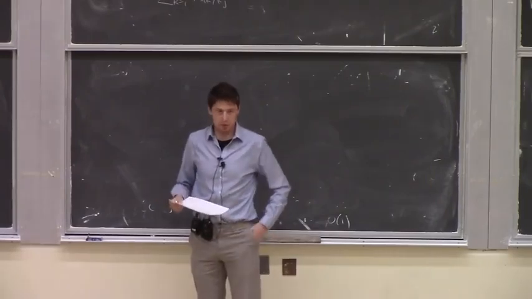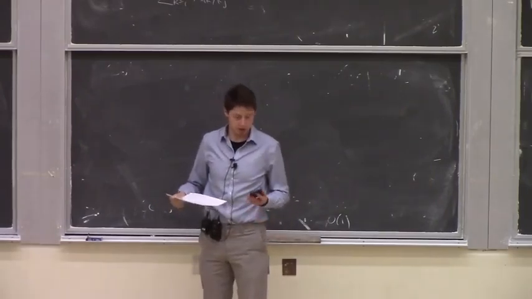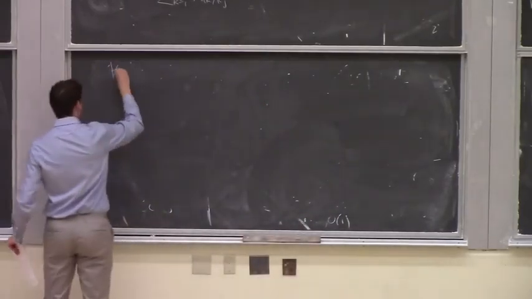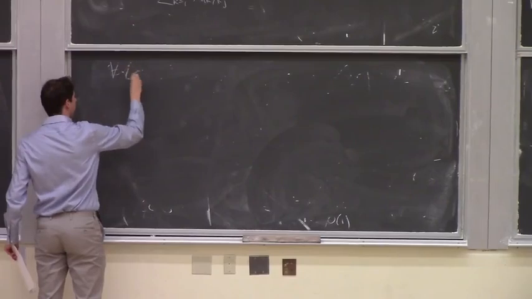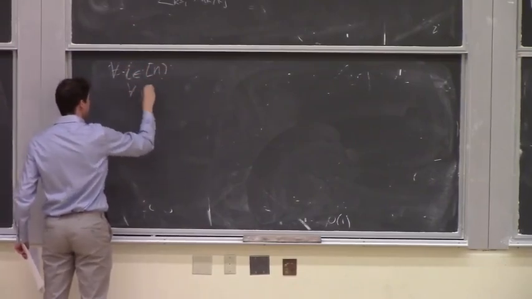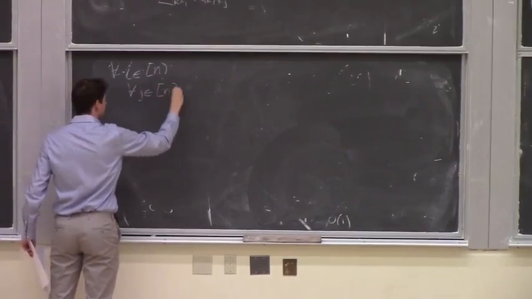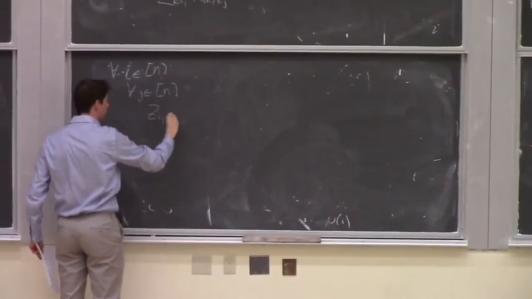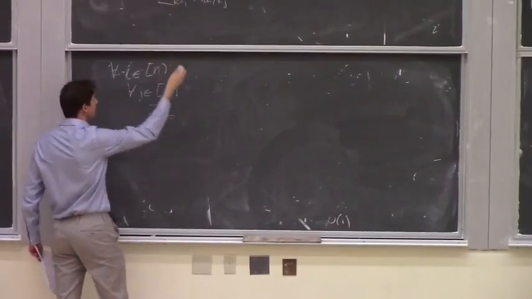I just compute all the dot products one by one. It's a very boring algorithm. It says consider every i, consider every j, and then compute z_ij as the definition exactly says.